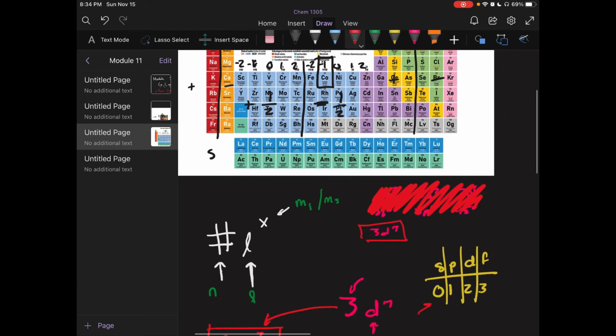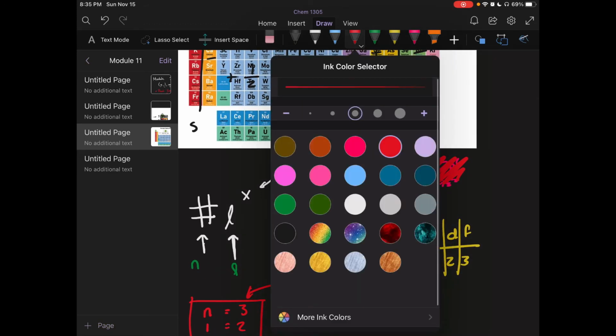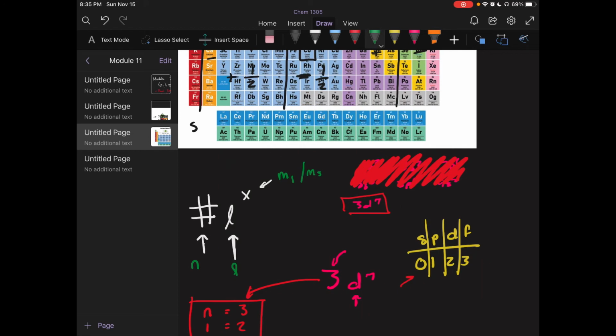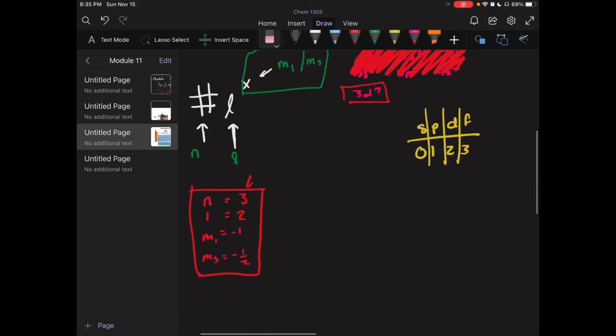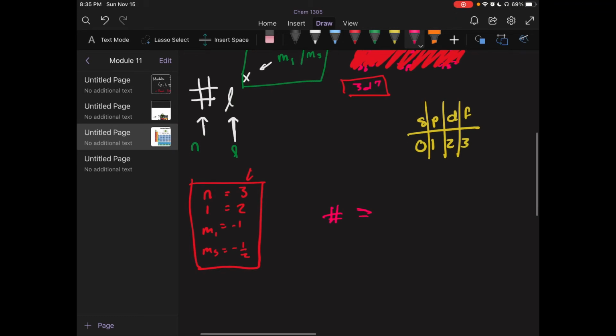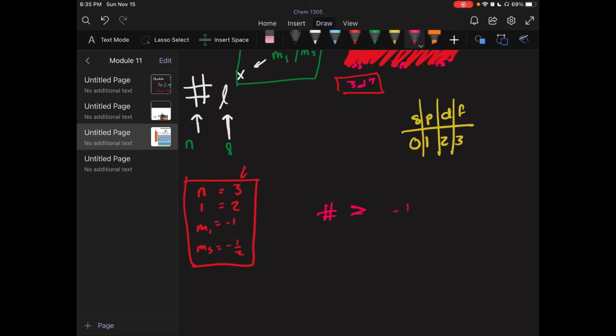Now, how do we actually find ml and ms using the number? A lot of it comes down to practice, but you can also think of it this way: if the number is typically a bigger number, then ms is going to be negative 1/2.